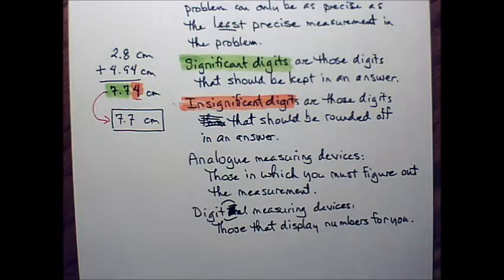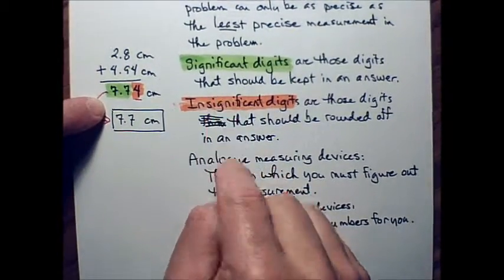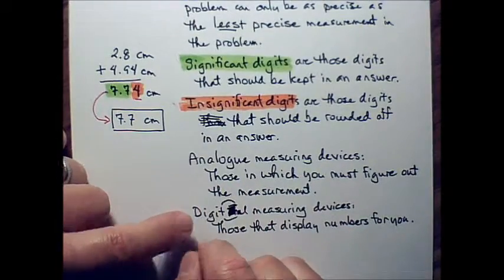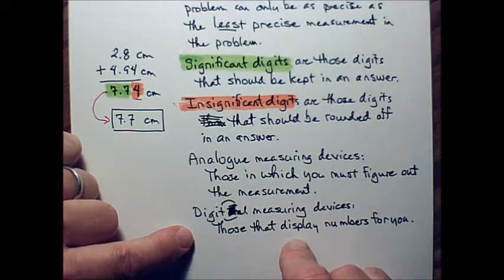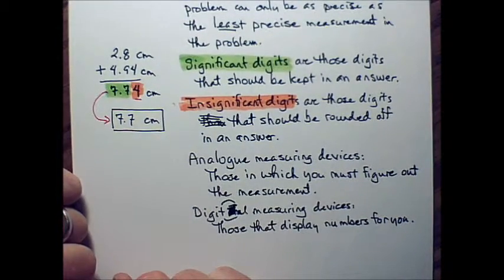Digital devices are easier to use. With an analog device you have to figure out the final digit, but with a digital device, you simply write down every digit on the screen. That make sense? Any questions? All right.